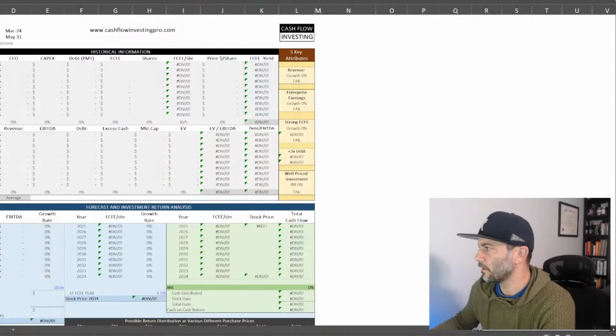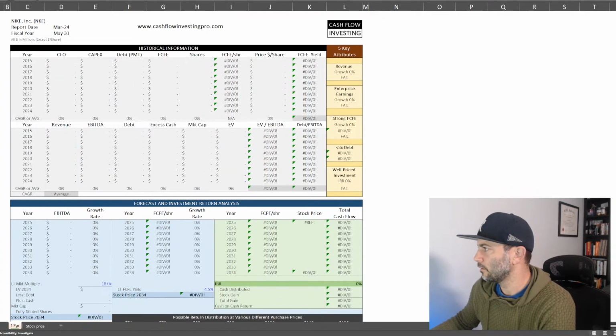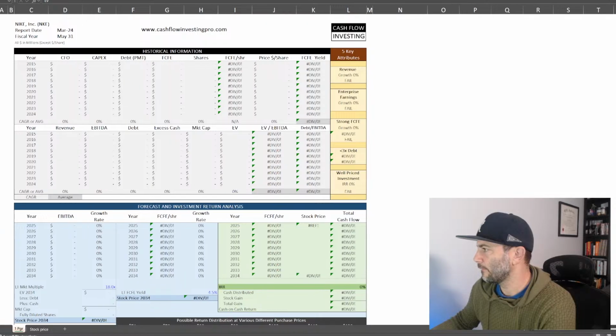Sorry, just getting some screens in place so I can do this. All right, let's start. Let's do a little screen share. There's the old cash flow one pager. Put that in a frame for you.